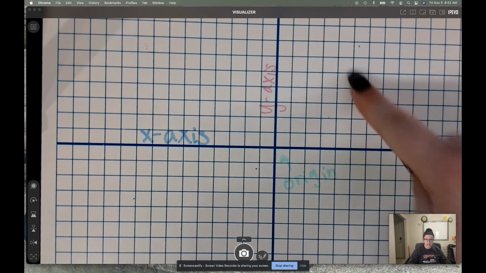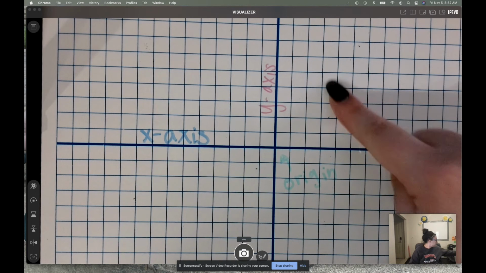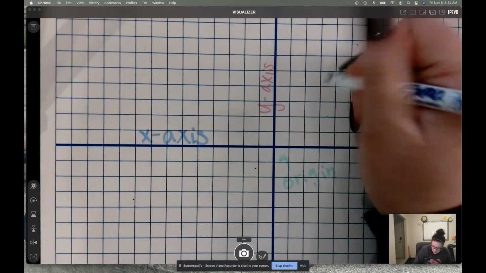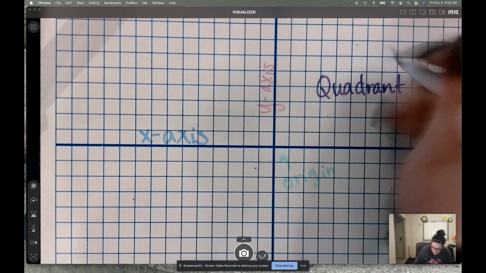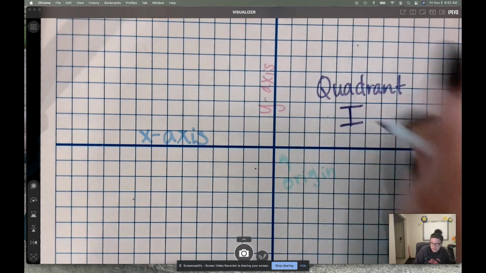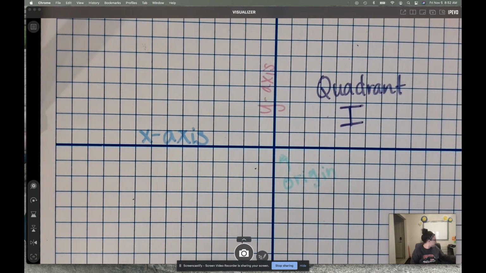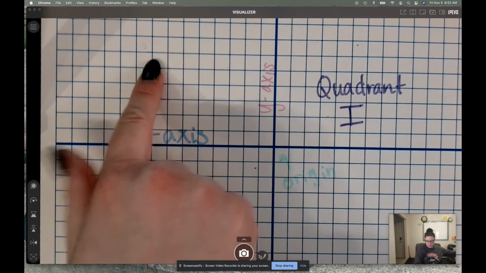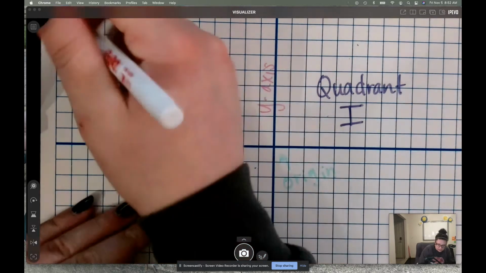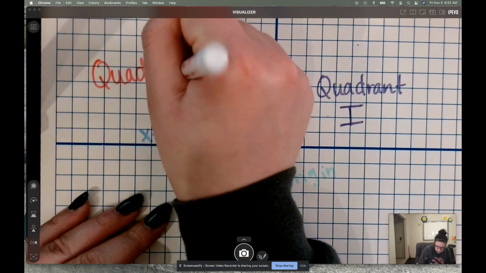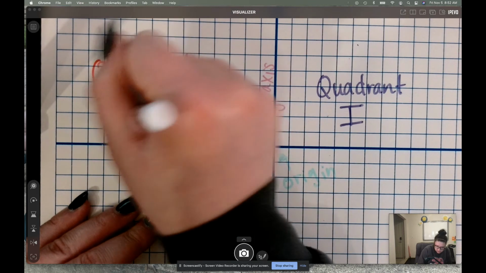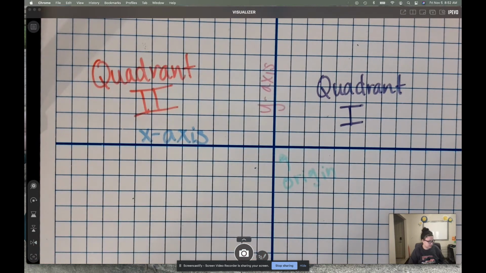This quadrant right here is called quadrant 1. And remember, we use Roman numerals, so 1 is just a big I. Over here we have quadrant 2. So that's 2 I's. Down here we have quadrant 3.